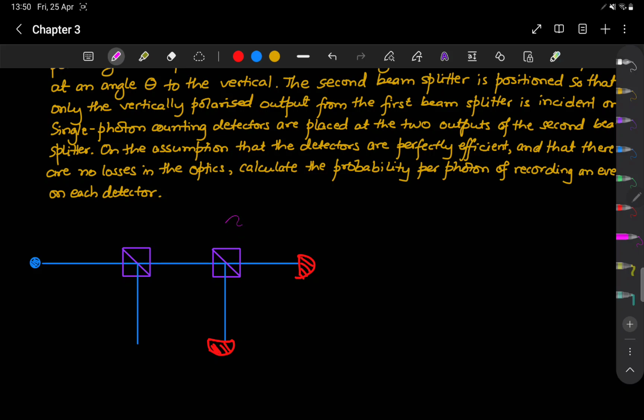And the angle that this polarizing beam splitter makes with the vertical is theta.